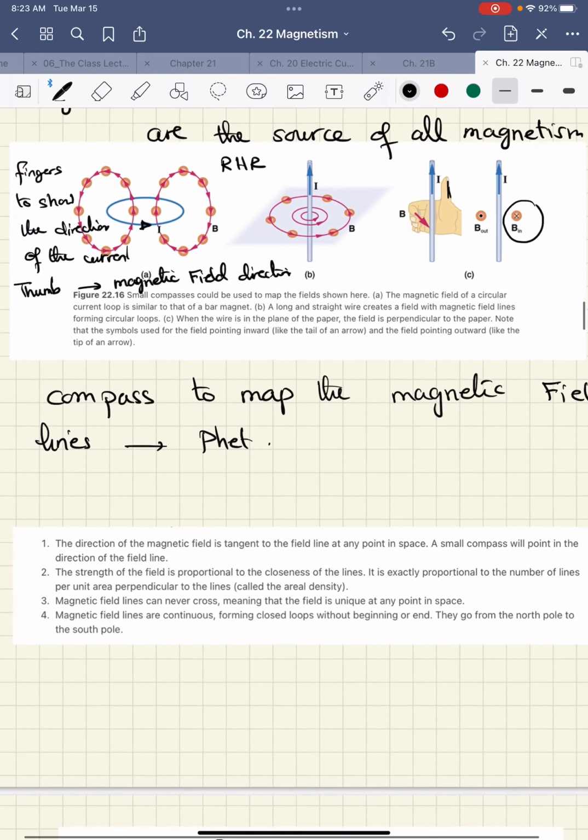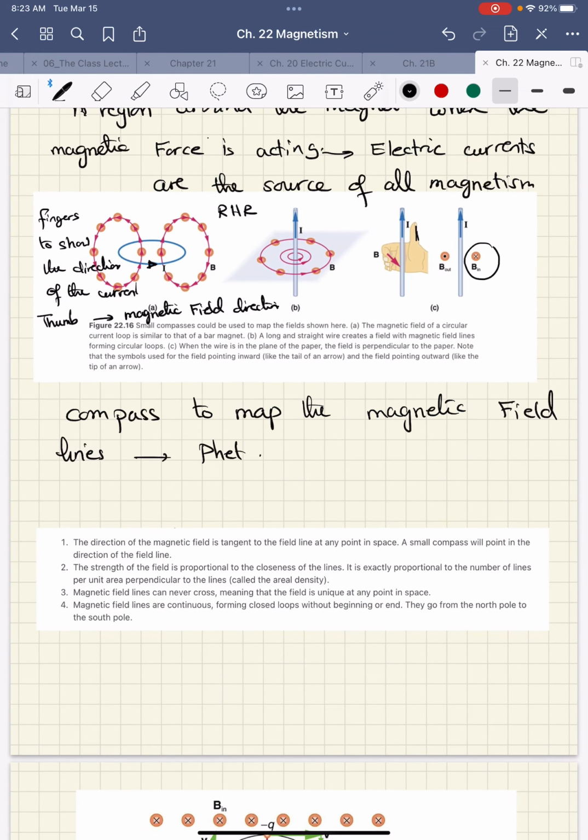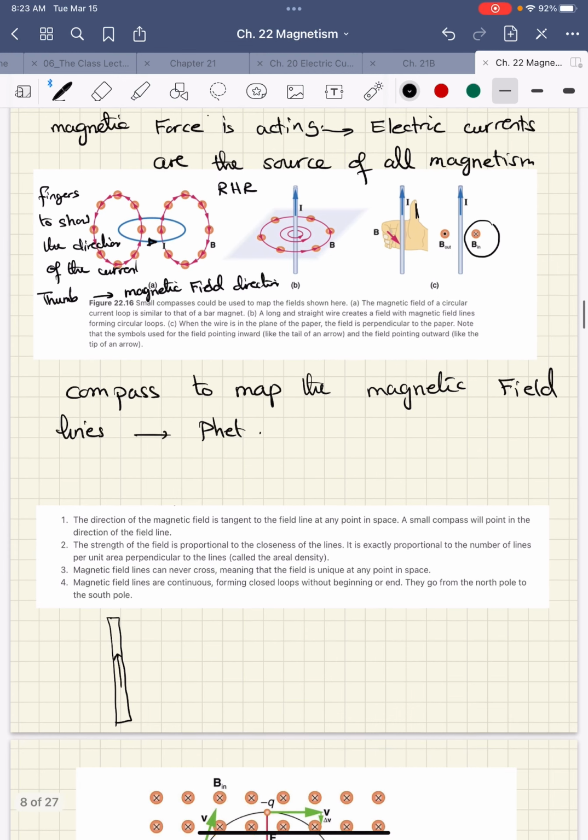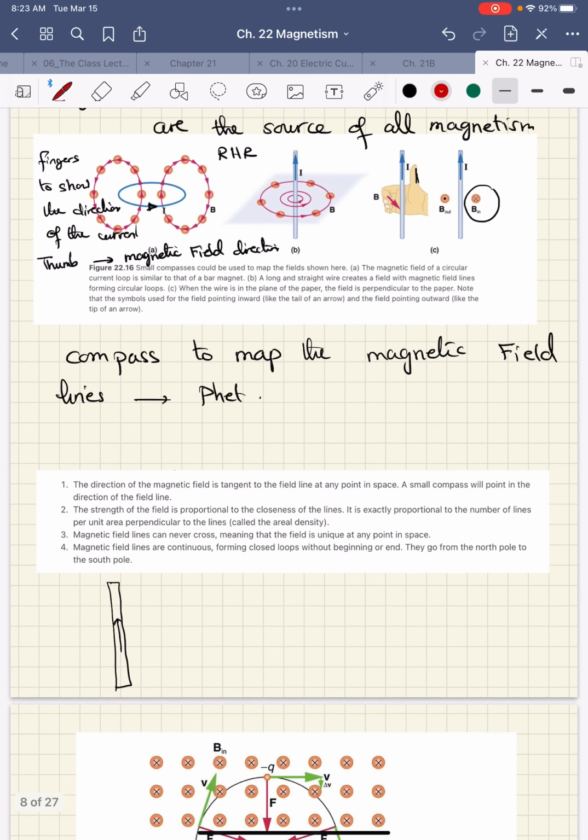Some of the notes here: the direction of the magnetic field is always tangent to the line at any point in space. For example, if I talk about that wire here and I said the field is going to be like a circle, and then I ask you what is the direction of the magnetic field here, then you are going to draw the tangent to show the direction.